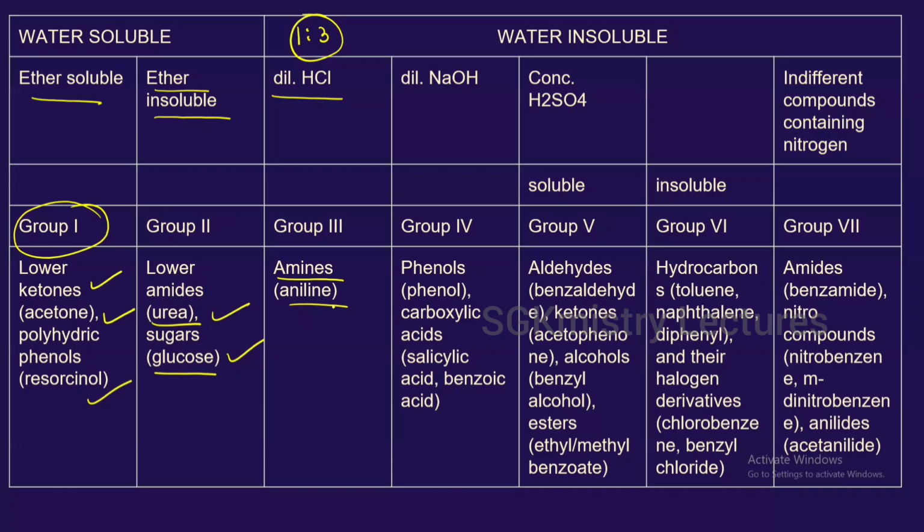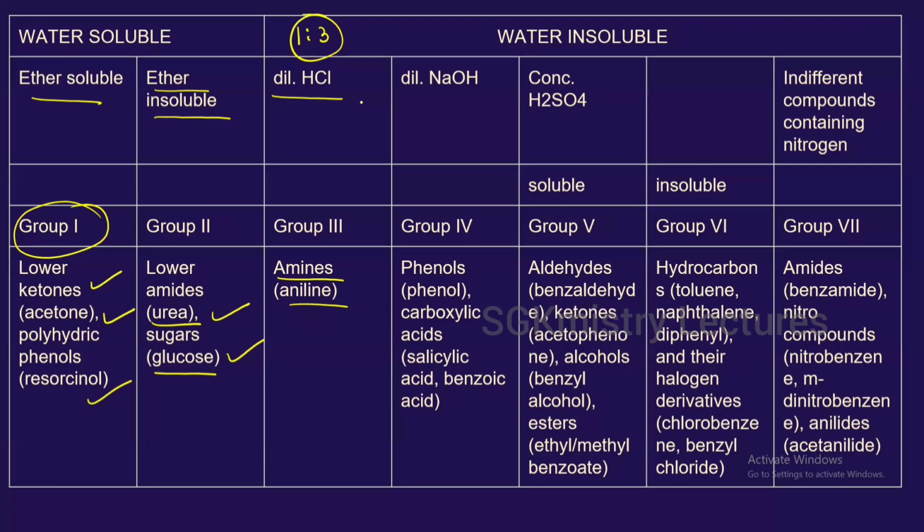If it is water insoluble and soluble in dilute HCl, you'll be almost sure that the given compound may be aniline. Right? So this is another trick. Suppose the brown liquid, that is aniline, is given to you. With the solubility test itself, for most of the compounds you can be almost sure which unknown organic compound is given to you for analysis.